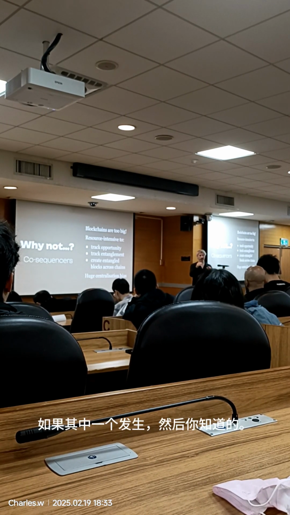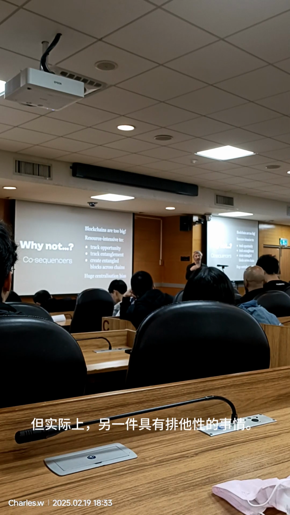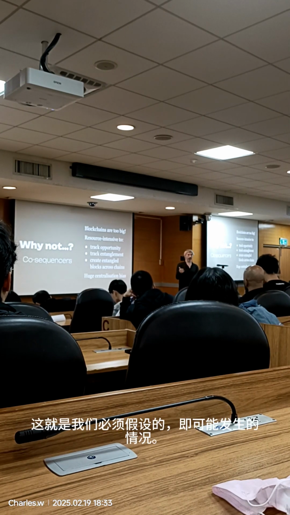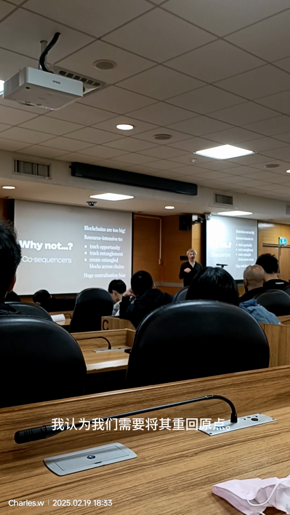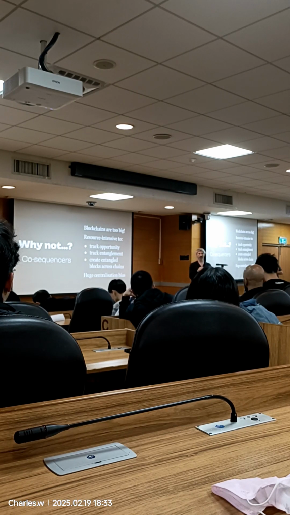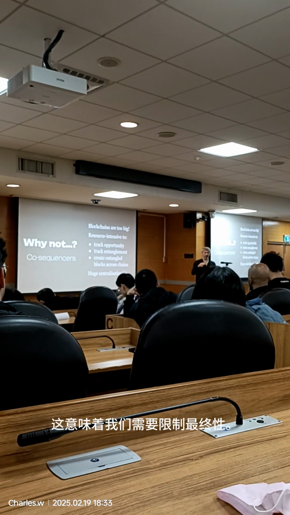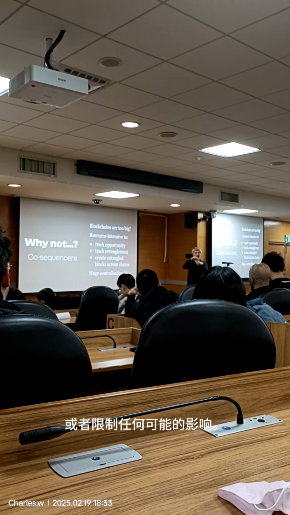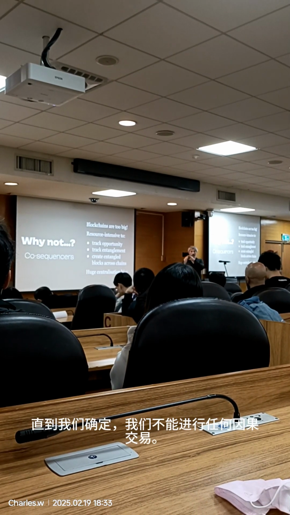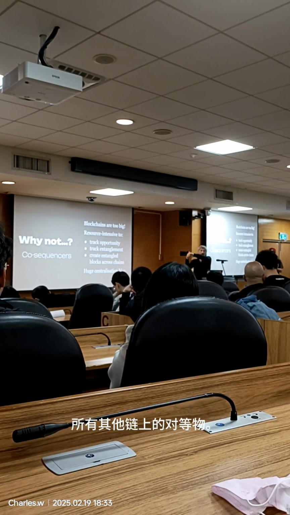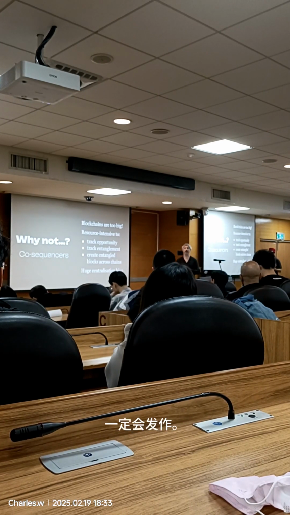And if one of them happens and then the other one can happen, but actually something else mutually exclusive happens, which is what we have to assume is a possibility, then we have a big problem, and we have to rewind the other one back. Which means we have to limit finality or limit the effects of any causal transactions until we know for certain all of their counterparts on the various other chains will definitely take effect.